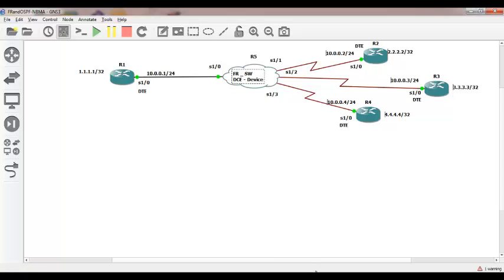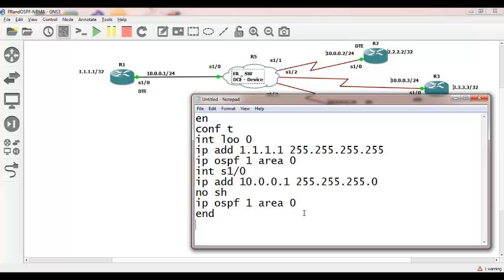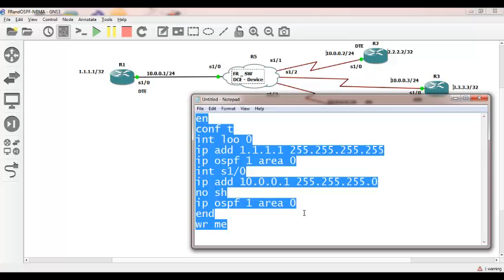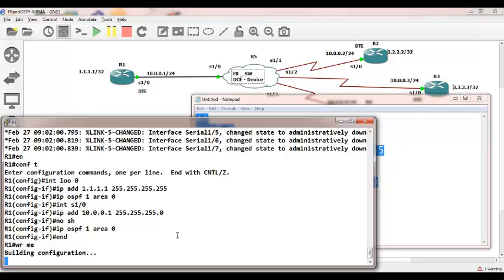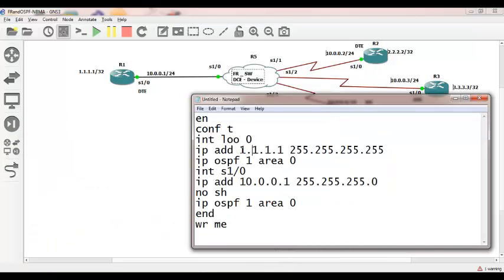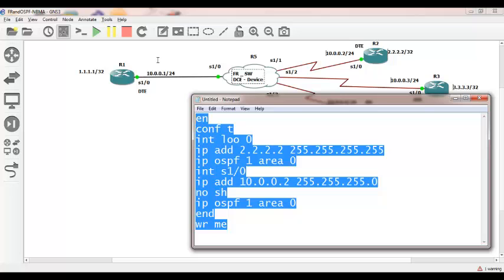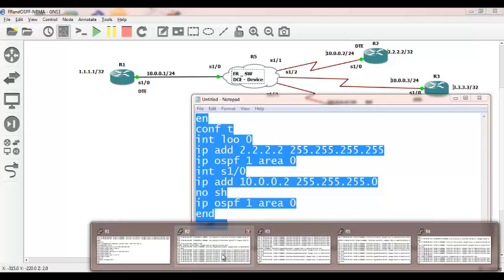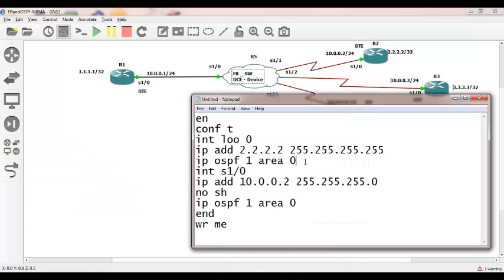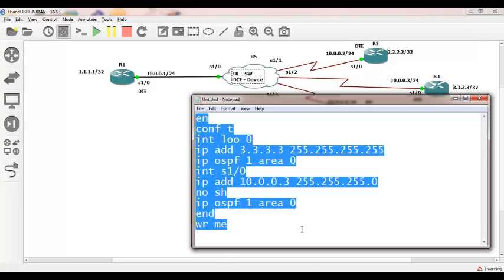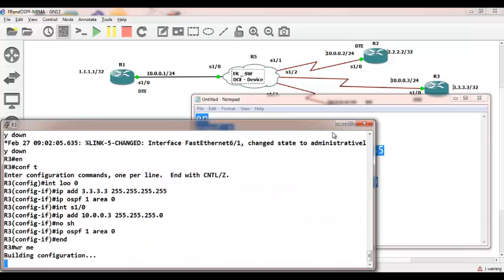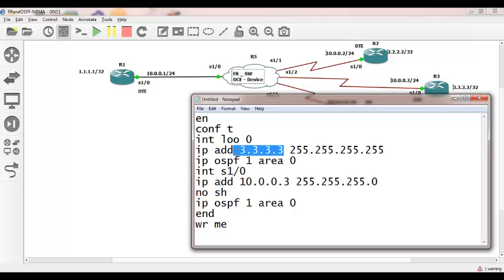Fine. So these configurations go on router 1. For router 2, router 3, and router 4.